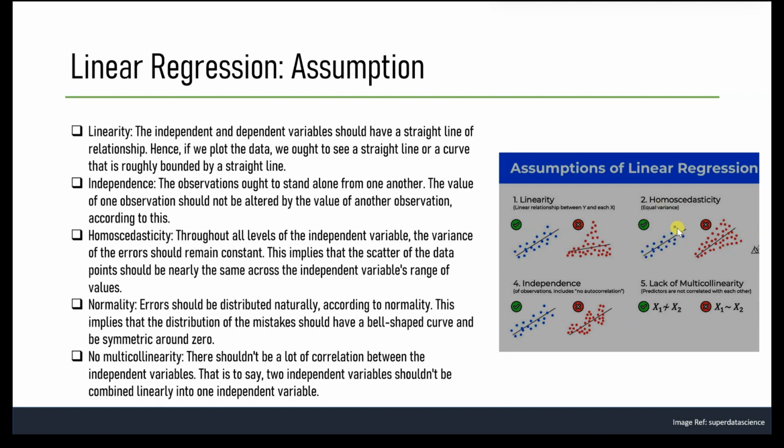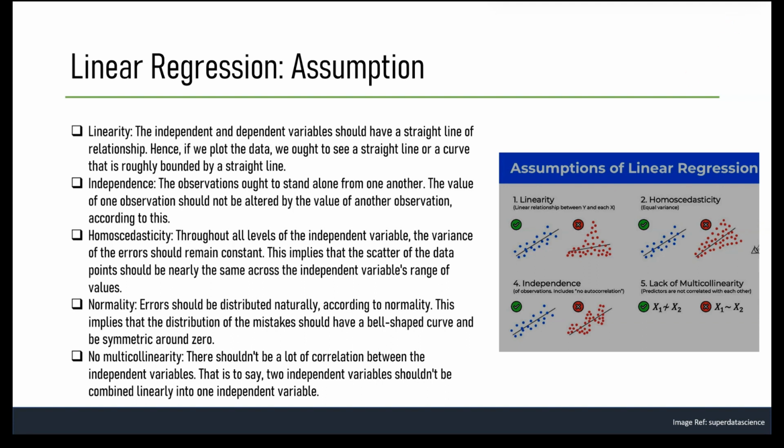Then we have normality. Normality says the errors should be normally distributed. This means the distribution of residuals should be bell shaped, with most of the residuals near 0 and fewer residuals at the tails of the distribution.